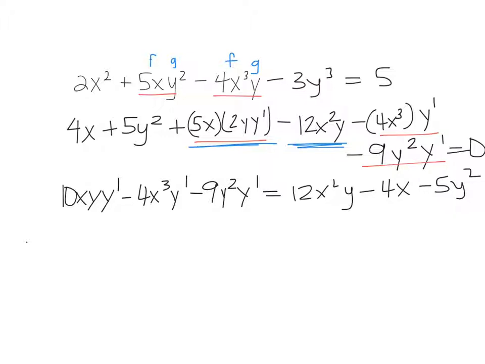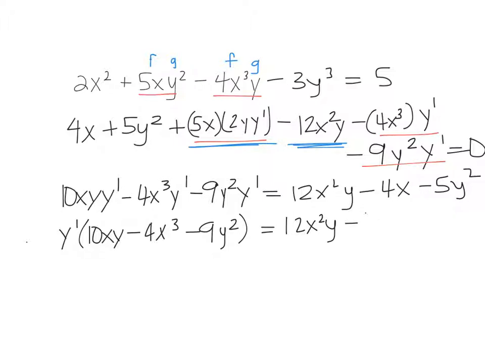Is everyone okay with me up to here? Now what do I do? Factor out a y prime. If you see how you could skip the factoring and just go right to the answer, go ahead. I don't actually do this step when I do it myself.